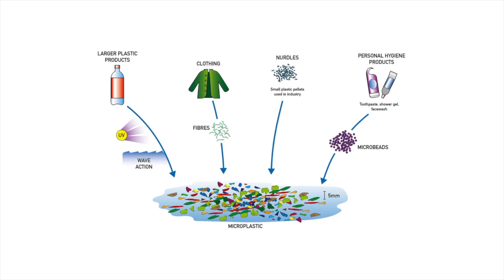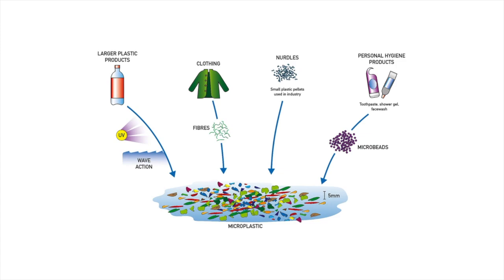So anytime you're wearing a t-shirt, for example, that is not made out of natural fabrics such as wool or cotton or hemp, then it's probably made out of synthetic fibers or fabrics which have microplastic fibers. And every time you wash these clothes, microplastic fibers are released into the water.